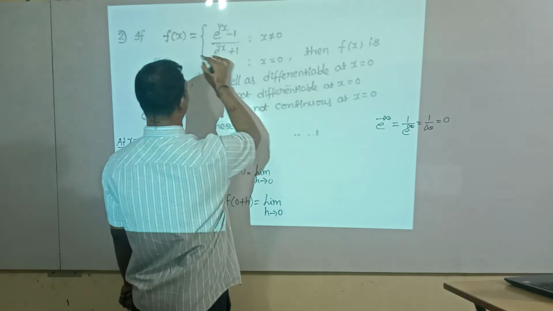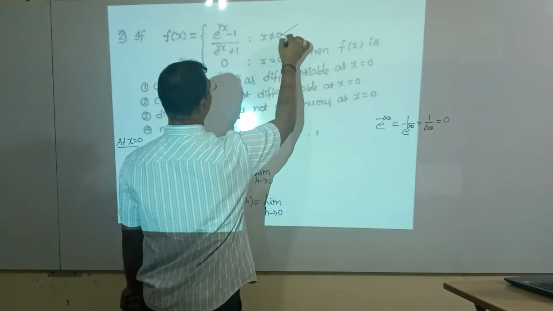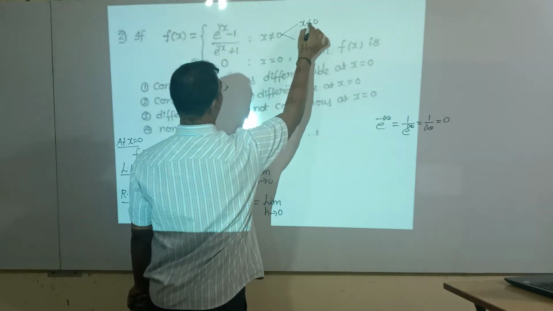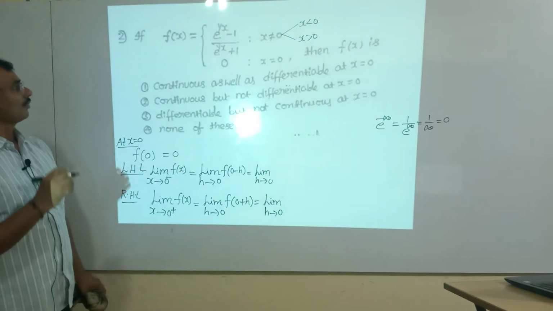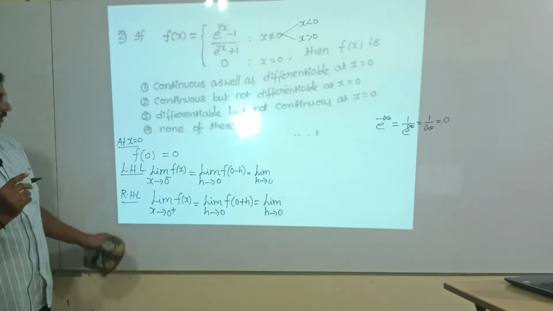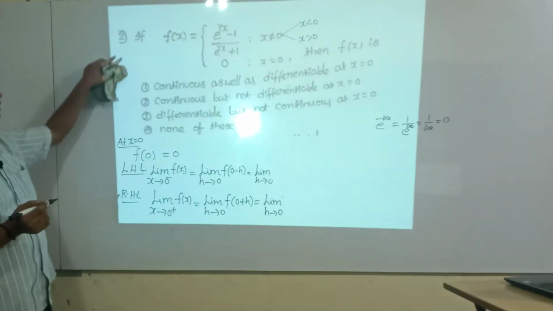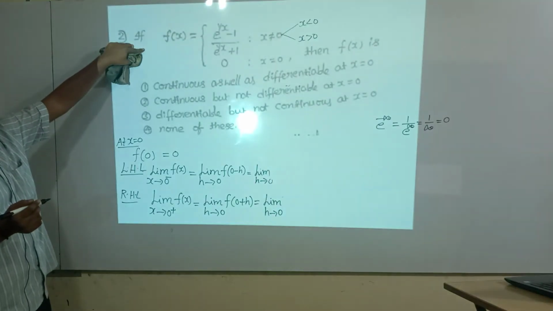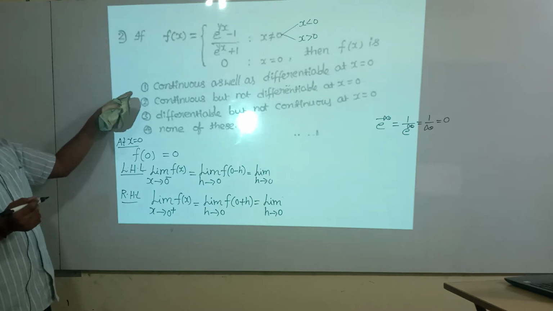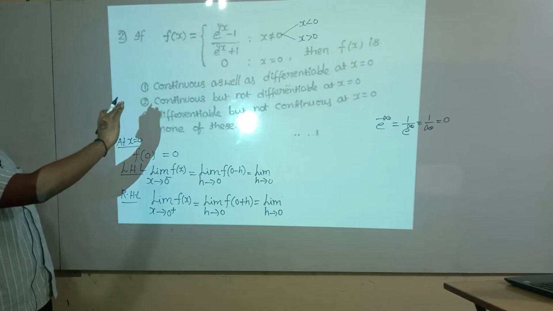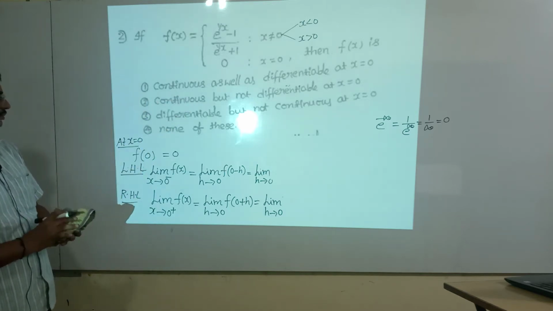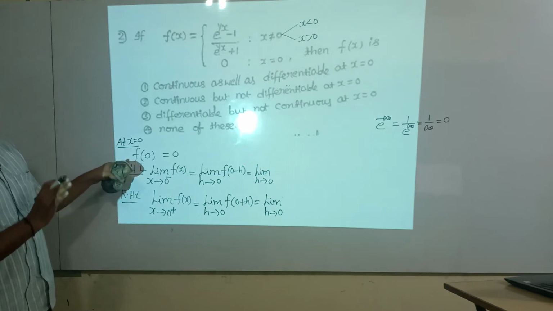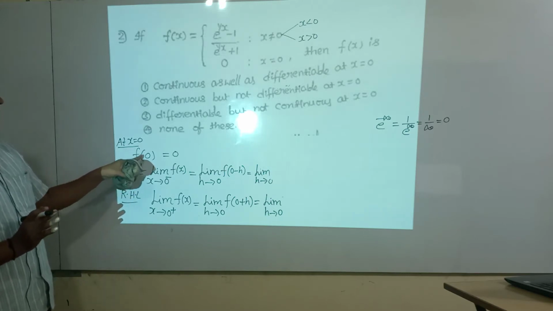This is for x smaller than 0, and this is for x more than 0. Okay, so we have to check whether it is continuous or not continuous. Continuity is related with differentiability, don't worry, that is very easy to find. We have to discuss here only continuity.